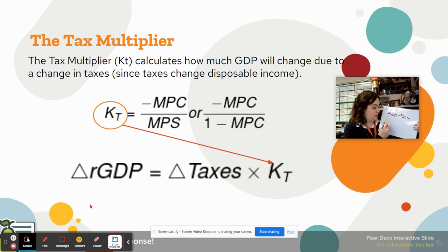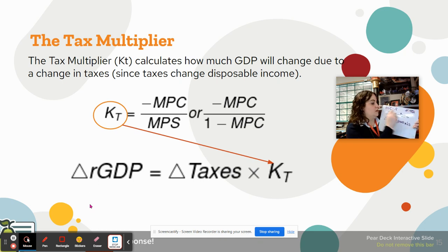So the first thing you got to do is realize that you're solving for some sort of change in GDP is equal to some sort of change in taxes times KT. Well, I don't know KT. It's not given to me, but I can solve for it because I know the MPC. And the KT formula is negative MPC over MPS.